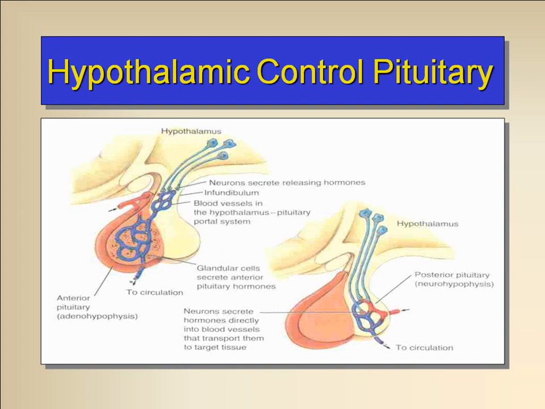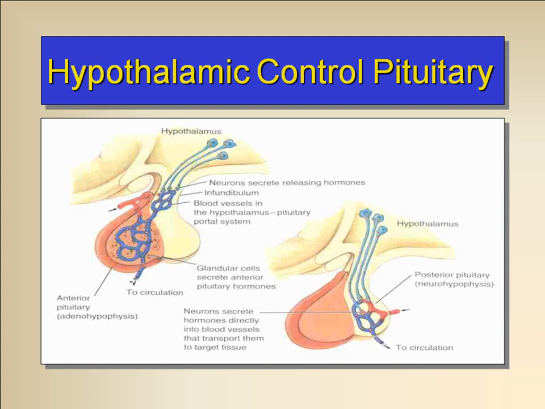With the anterior pituitary, if you look here, these hormones are actually produced in the hypothalamus and stored in the anterior pituitary, as opposed to the posterior pituitary, where they're just produced in the posterior pituitary.